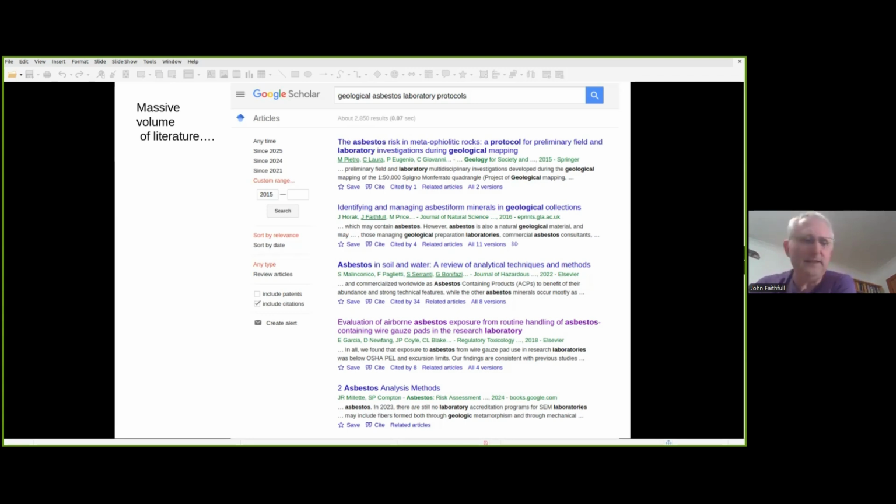I think one of the dangers about the way that asbestos risk assessment and hazard mitigation is potentially going to develop is that it's very dangerous for individuals to set themselves up as the sectoral expert on this.